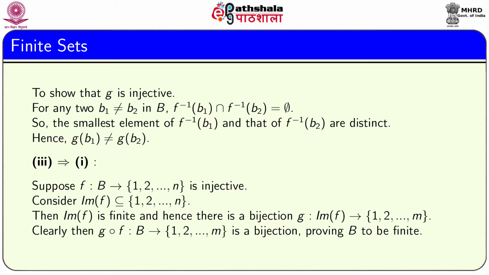Then image of f is a finite set, and hence there is a bijection G from image of f to the set 1 to m. Clearly then, G composed with f is a function from B to the set 1 to m, and it is a bijection, and that proves the set B is finite.